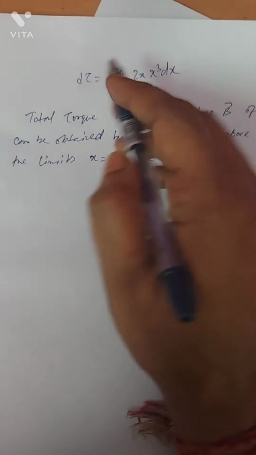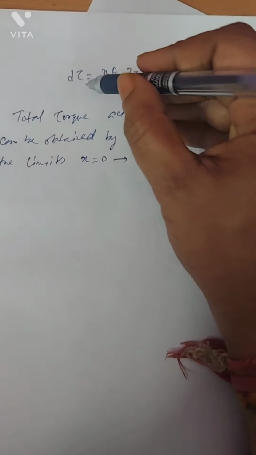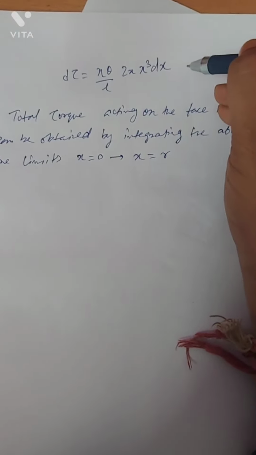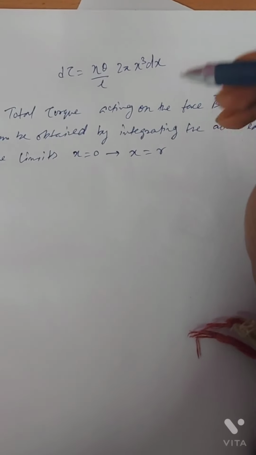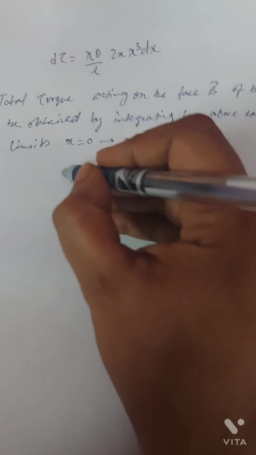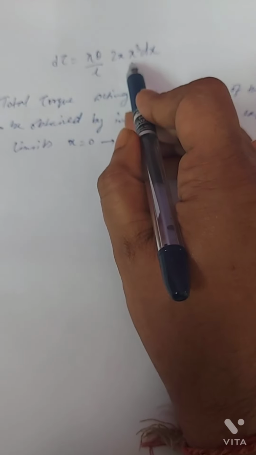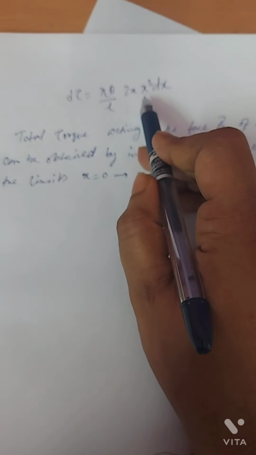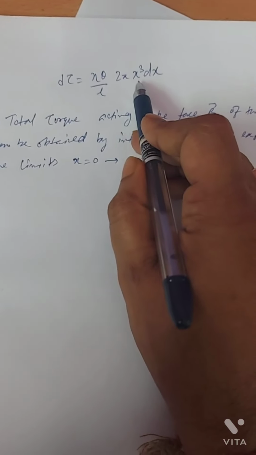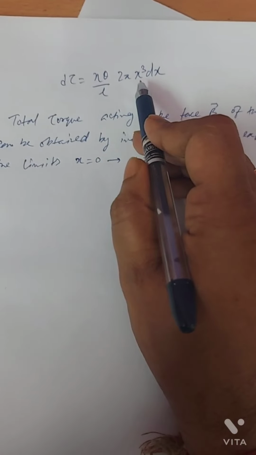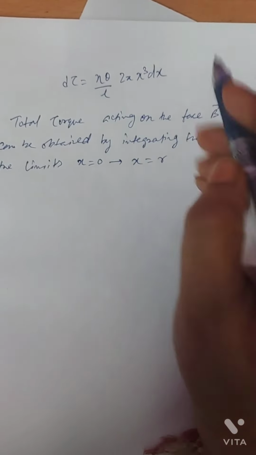So this is the torque on the elementary cylinder. Now for the total cylinder, what we have to do? This is the only variable, x is the variable. Now we have to change x from minimum to maximum.